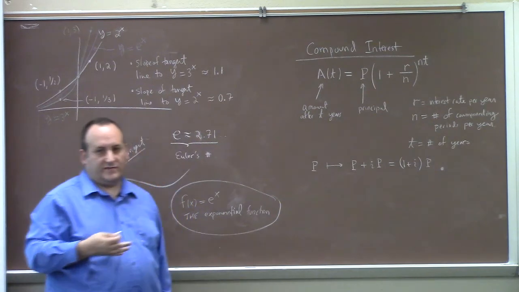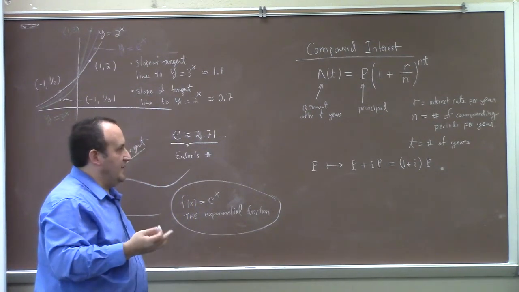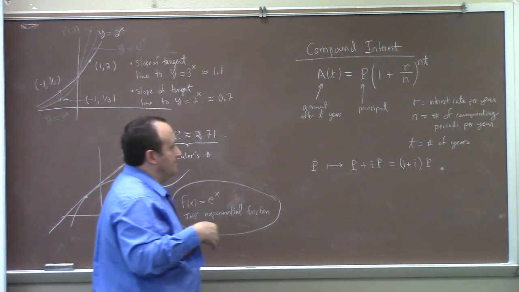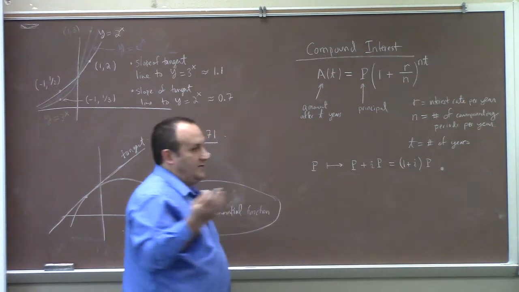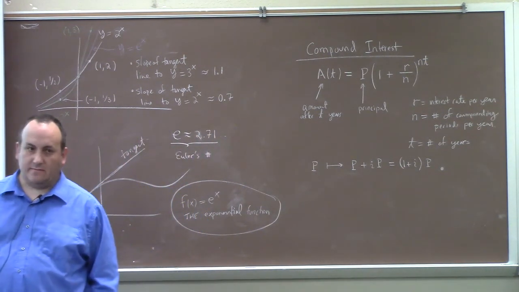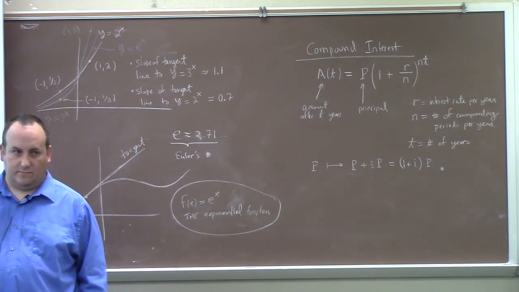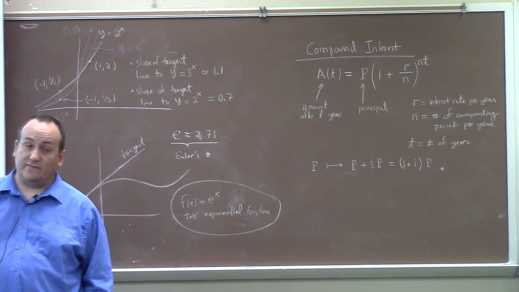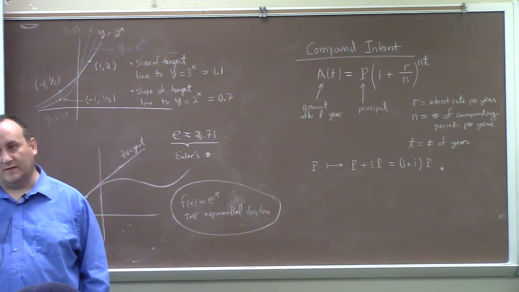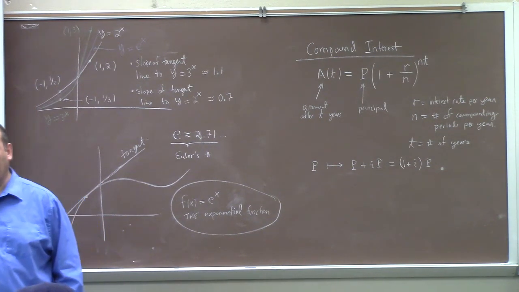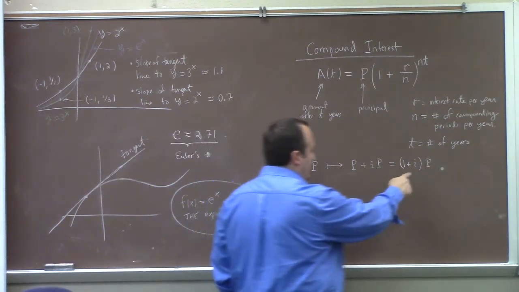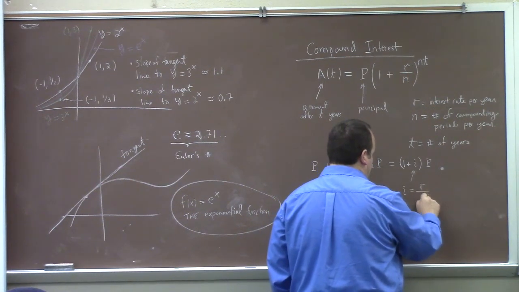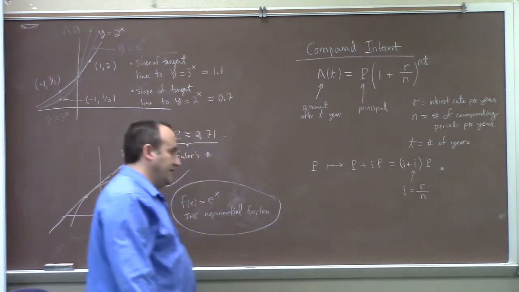But the interest that you actually earn, you can calculate by the interest rate per year divided by the number of compounding periods. In other words, if you have an interest rate of 12% per year, and a month goes by, how much do you actually get? You get 0.12 divided by 12, which is 0.01 as the actual interest earned after that 1 month, right? So this i is equal to your yearly rate divided by the number of compounding periods per year.